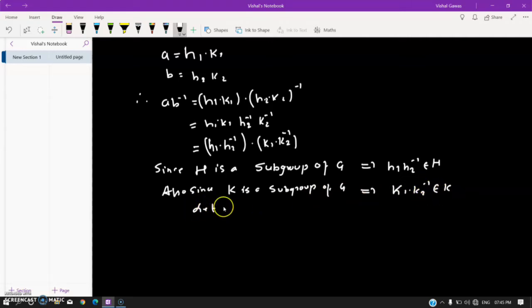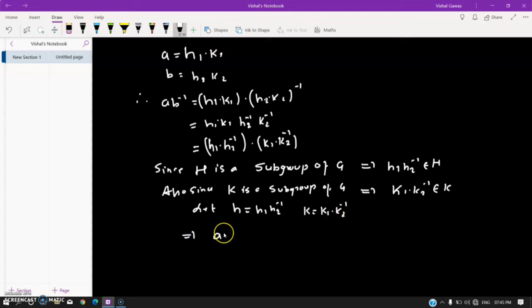So what I'm doing is letting h be h1 h2 inverse, and letting k be k1 k2 inverse. That's fine, right?